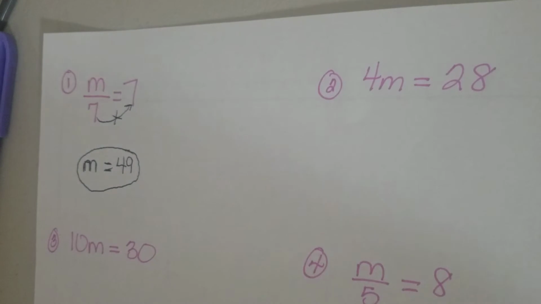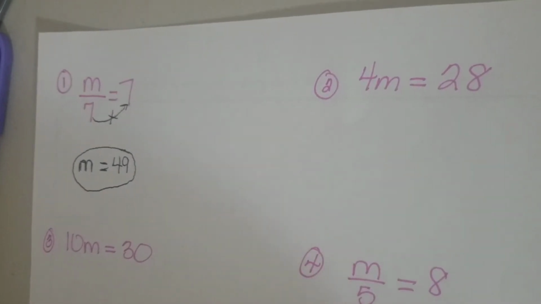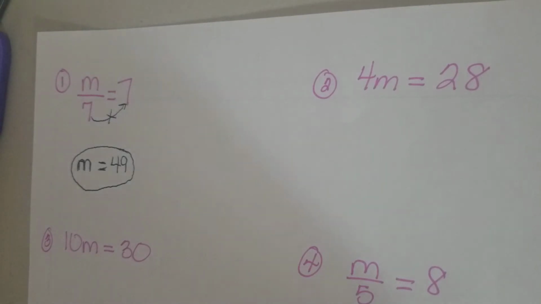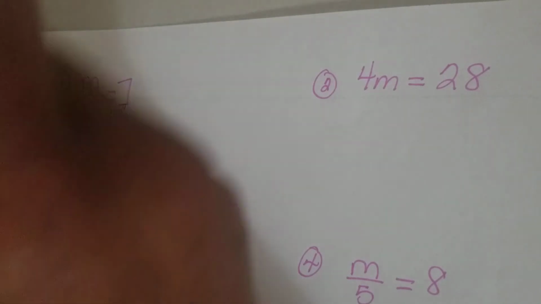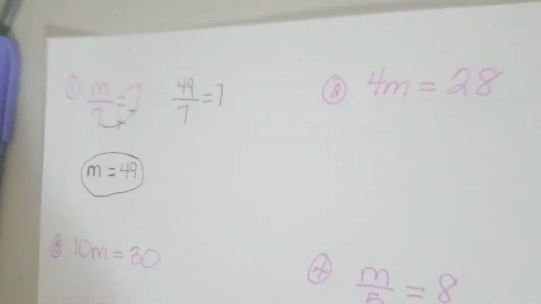Again, like I did with the addition and subtraction, always try to double check your work just to be sure. Even if you know the answers off the top of your head, sometimes it's the little things that throw us off a little bit. So let's just try it. I'm going to say 49 divided by 7 equals 7.